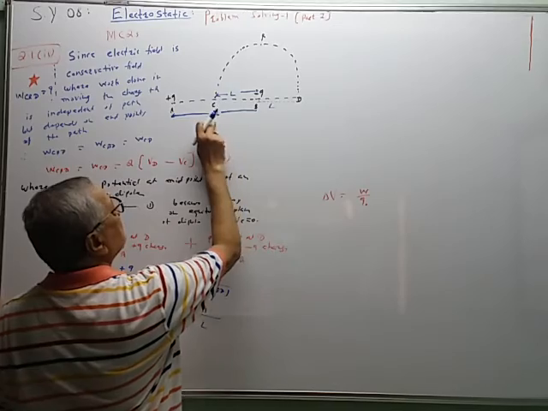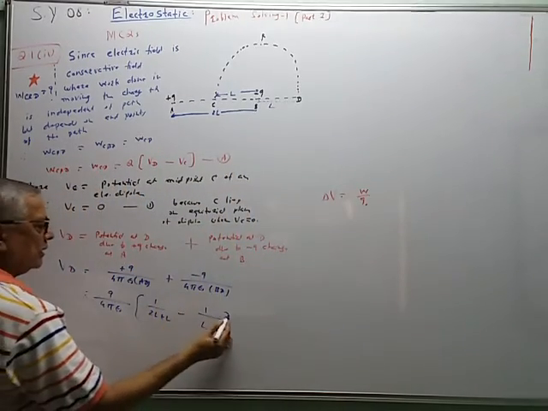This distance is also L, and L and 2L, that total distance is equal to 3L, like this now.